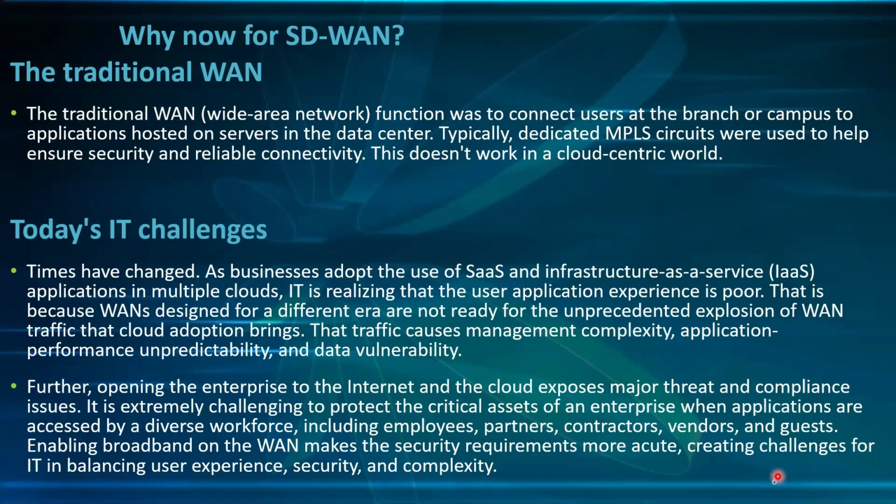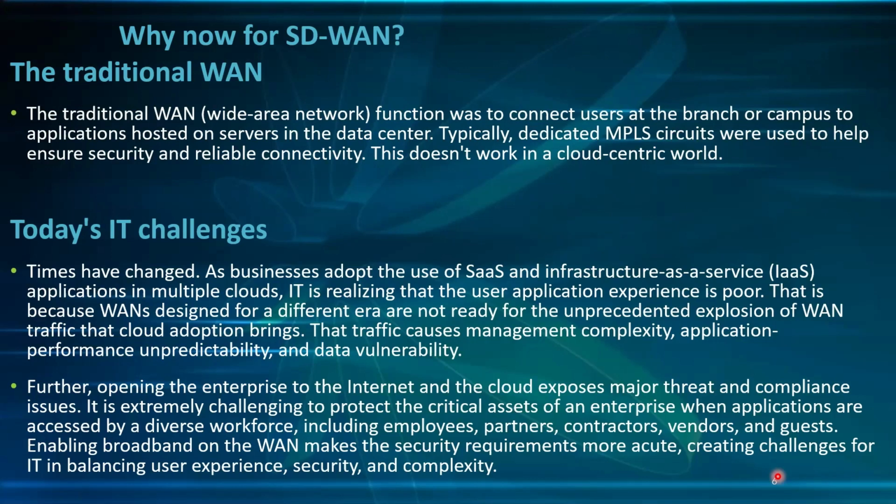Then the other challenge is that you need to give flexibility to your employees as well. You are shifting towards the cloud, and since the cloud is open on the internet, you have to protect yourself even when you are sending traffic on the internet. So that's where SD-WAN is coming.